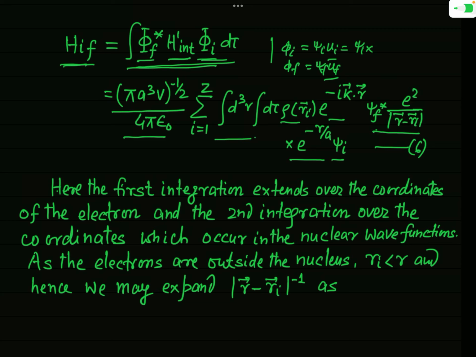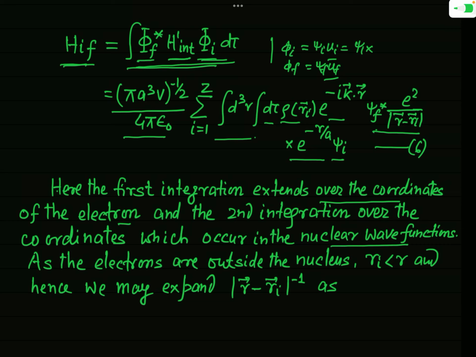Here the first integral, you can see the volume element has been written by d3r, and r is the position vector of our ejected electron. So this first integral extends over the coordinates of the electron, and the second integral contains d tau, and this second integration is over the coordinates which occur in the nuclear wave function.